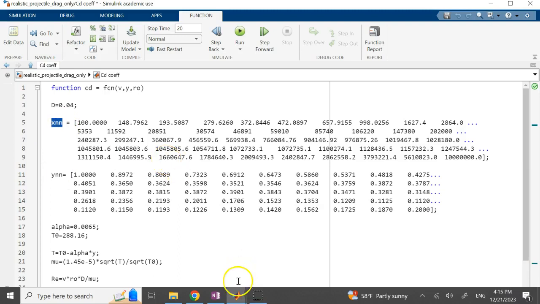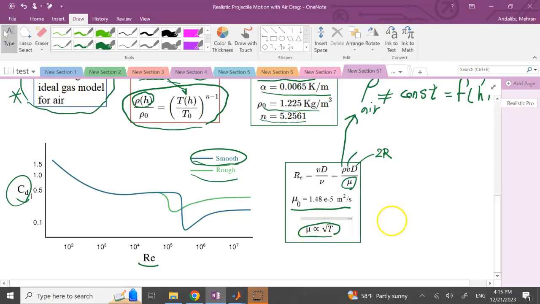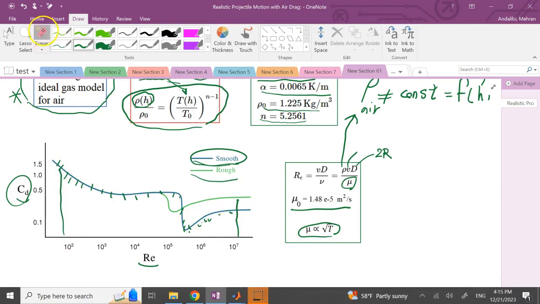Then here we have to do a lookup and interpolation. So I approximated this at a ton of points, between 10 to the 2 and 10 to the 7.